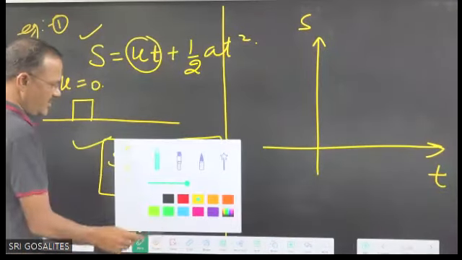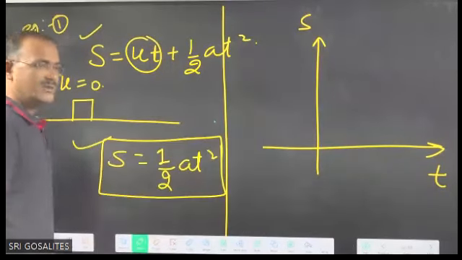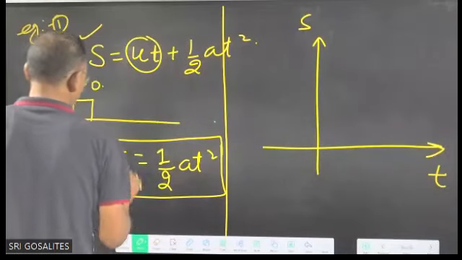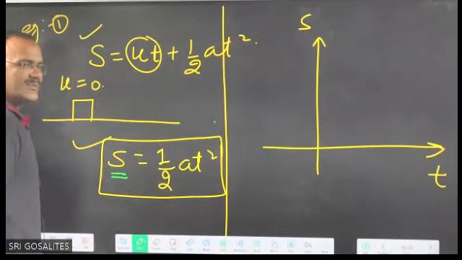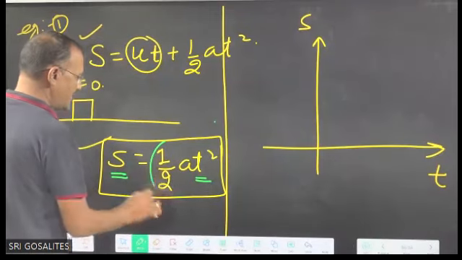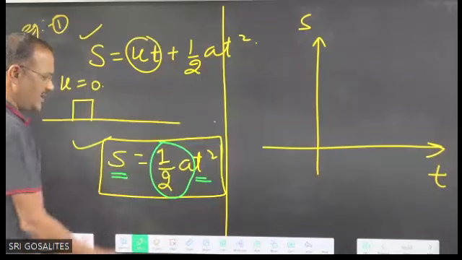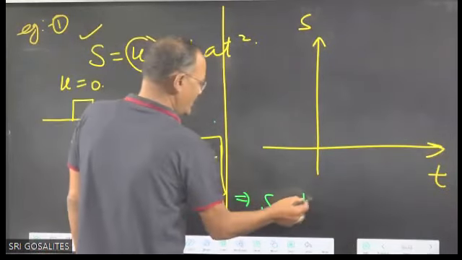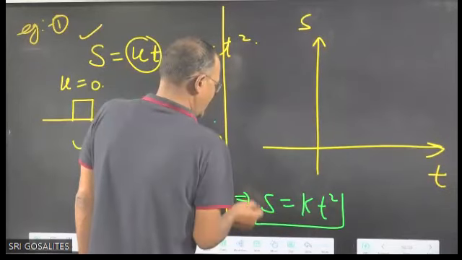Tell me, children, come on. First you try to plot the curve, how it will look. One is the distance, one is the time. This a by 2 is like a constant, because acceleration is constant and 2 is constant. So you can write something like s equals k t square.